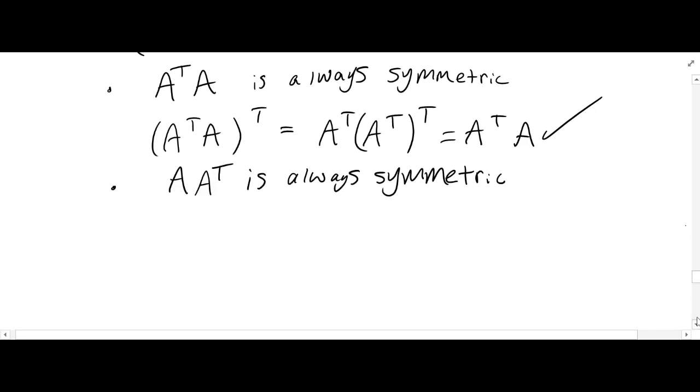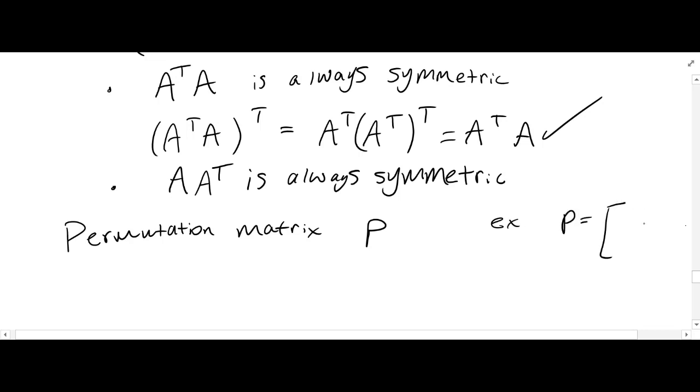If you take a permutation matrix, what you get by just swapping some rows of the identity matrix, for example, this one is a permutation matrix, or this one.